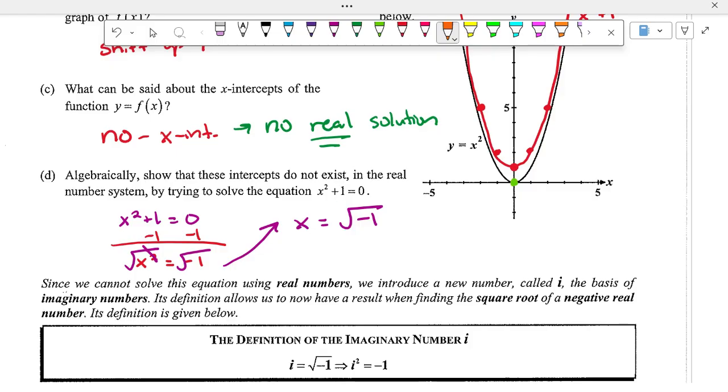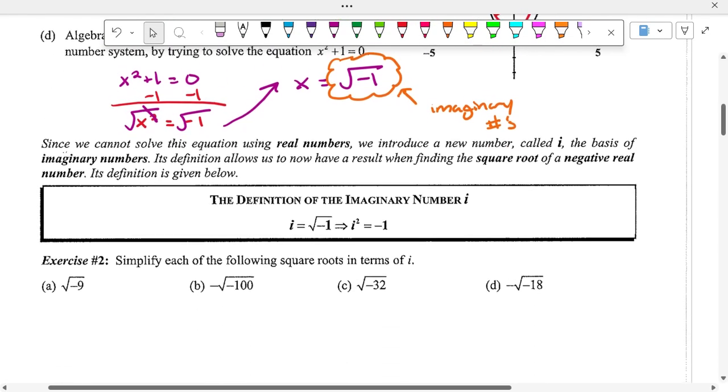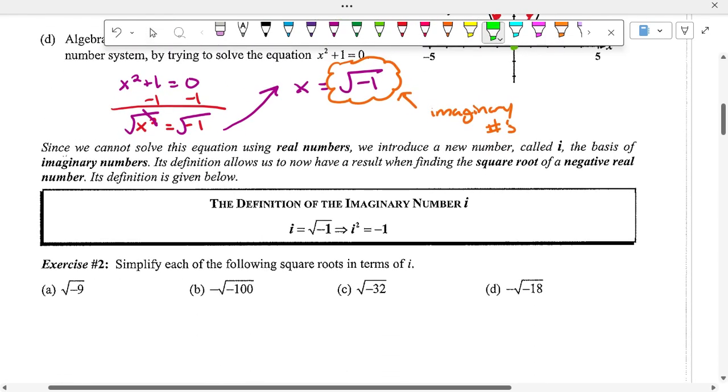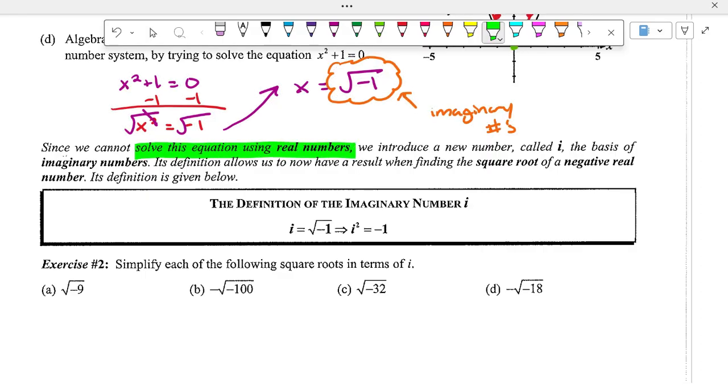This right here is where imaginary numbers stem from. Since we cannot solve this equation using real numbers, we have to introduce a new number.